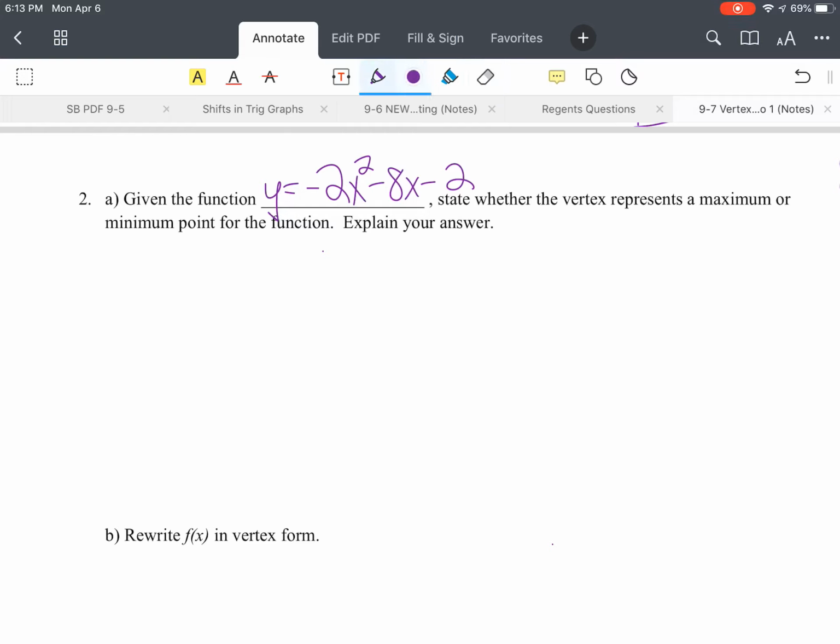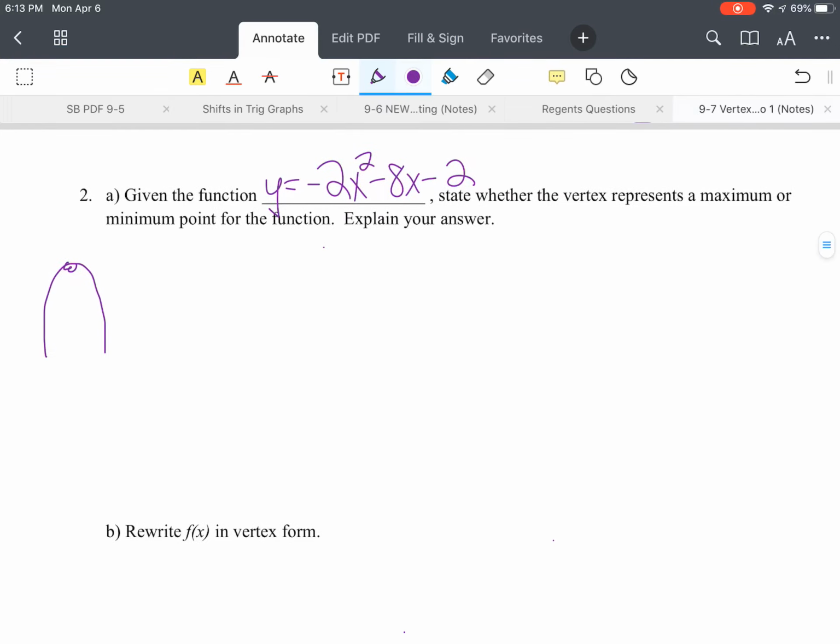Okay, so when you looked at it in your calculator, you saw that the parabola looked like this. Whenever there's a negative in front of the x squared, whether it's a -1, a -2, a -8, a negative anything, it means the parabola is upside down. It looks like a frown, or it opens downward would be the mathematical way to say it. So it is going to be a maximum. Here's your vertex.